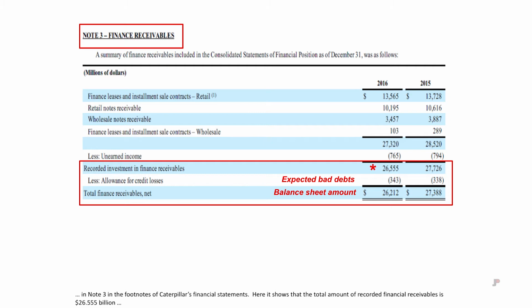Here it shows that the total amount of recorded financial receivables is $26.555 billion, reduced by expected bad debts of $343 million, leading to the balance sheet amount of $26.2 billion.